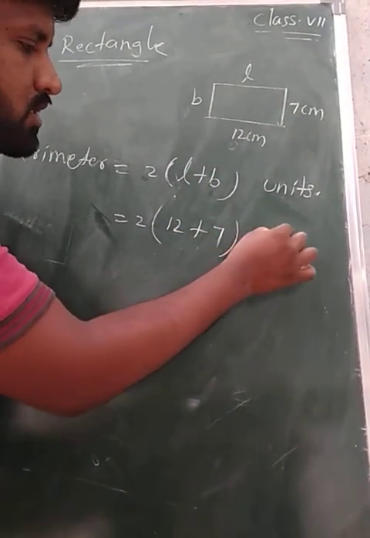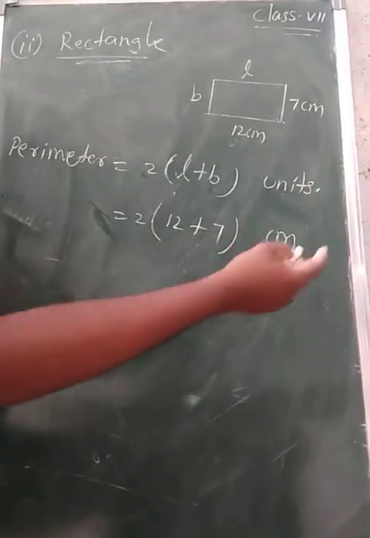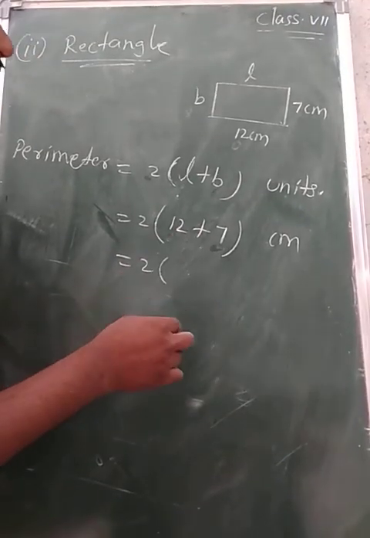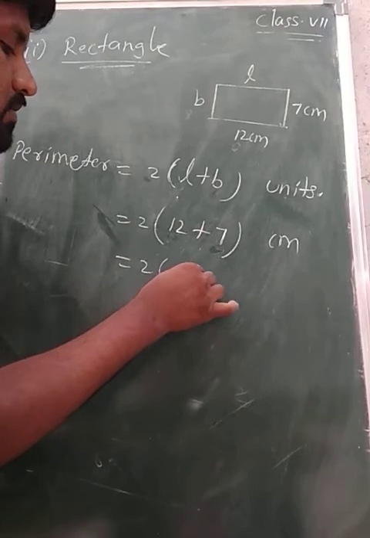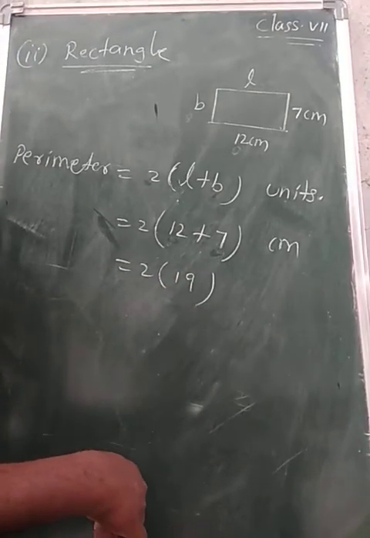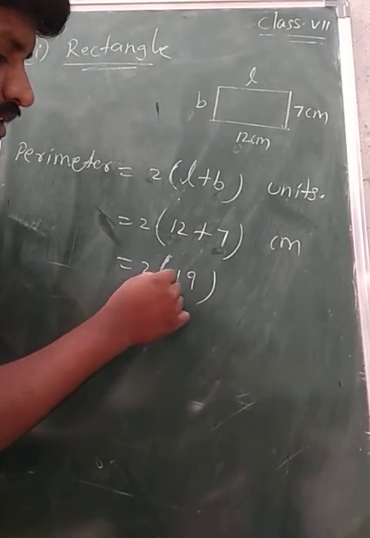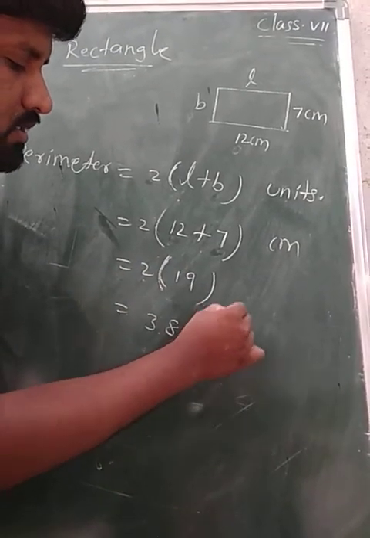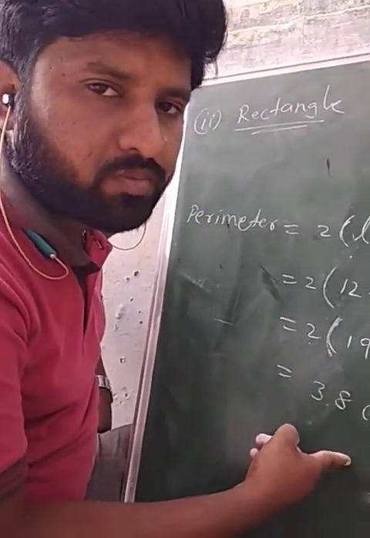So 2 of 12 plus 7 means what? 19. Okay, now when there is a bracket like this, it is nothing but into 2. 2 19s are what? 38 centimeters. So like this we can find the perimeter of a rectangle.